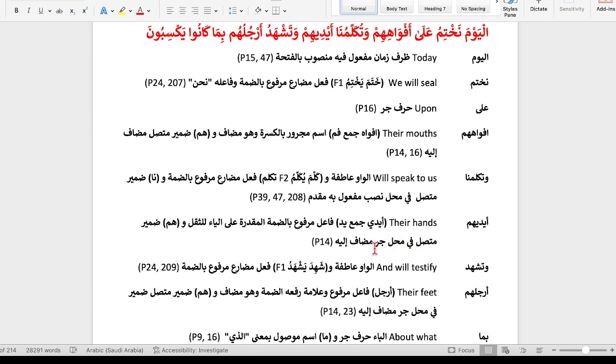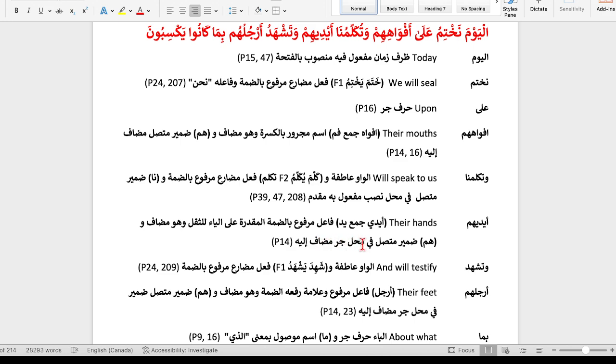Hum is zamirun muttasilun and is also mudaf. Aydi then becomes mudaf. Hum is zamirun muttasilun fi mahalli jarrin mudaf alayh. So hum has to be majroor, but pronouns are all mabni, so you don't see the changes of un and in.